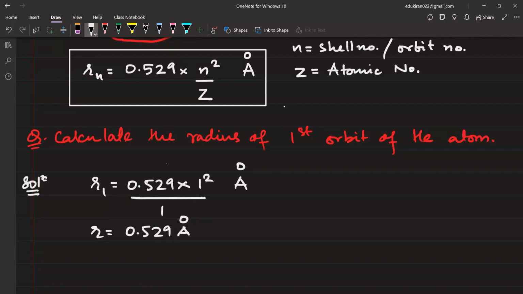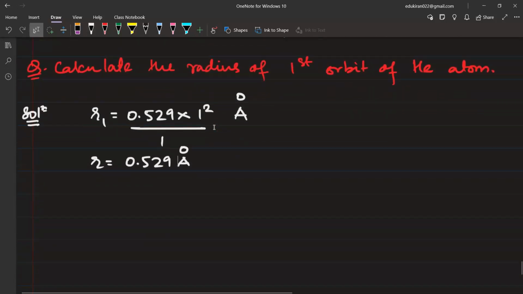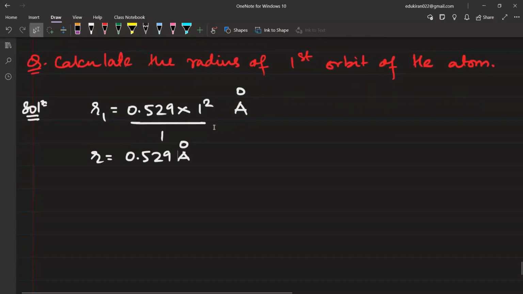Okay, that means they can also give you the radius of the first orbit of hydrogen atom, and then they will ask you to calculate. So write a note here, because ये angstrom की value change हो सकती है ना, angstrom के अलावा they can give anything else also.